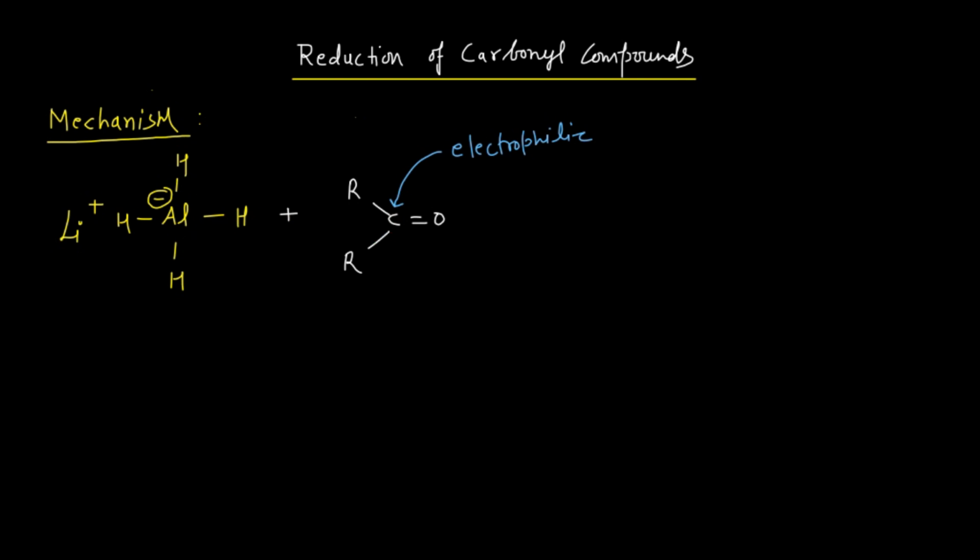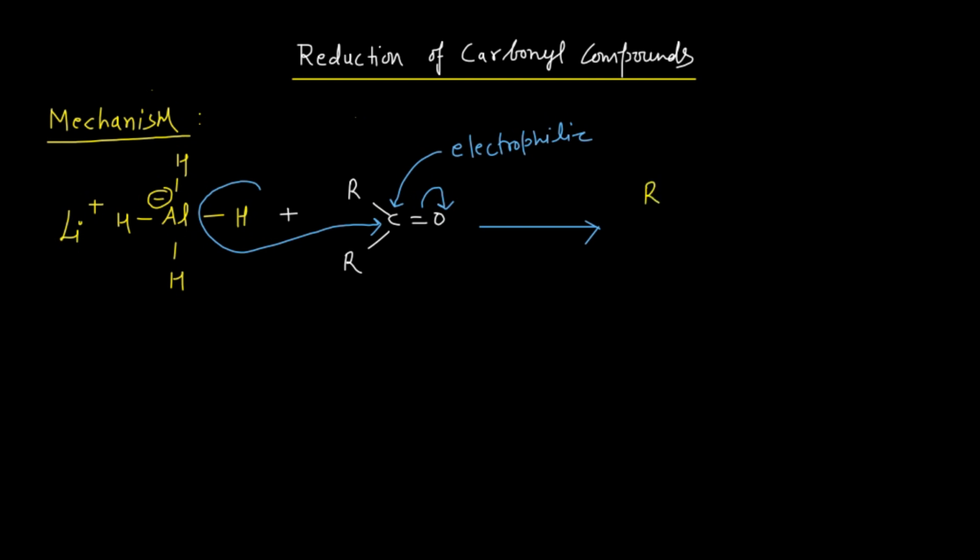So what will happen here, you see, one of the hydrogens along with its electron pair will attack onto this carbon atom, and this electron pair will shift here. Then you will have your first species, and what will be the product?